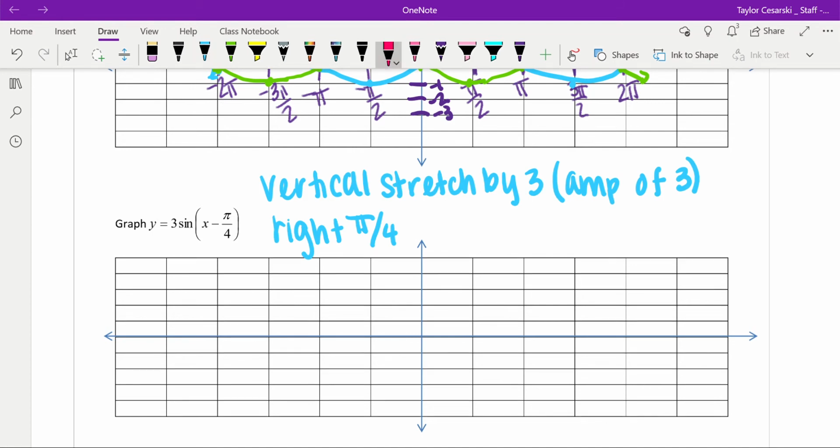Okay? So, what I'm going to do first is this still has a period of 2 pi. So I'm going to go ahead and write 2 pi, pi, 3 pi over 2, pi over 2.